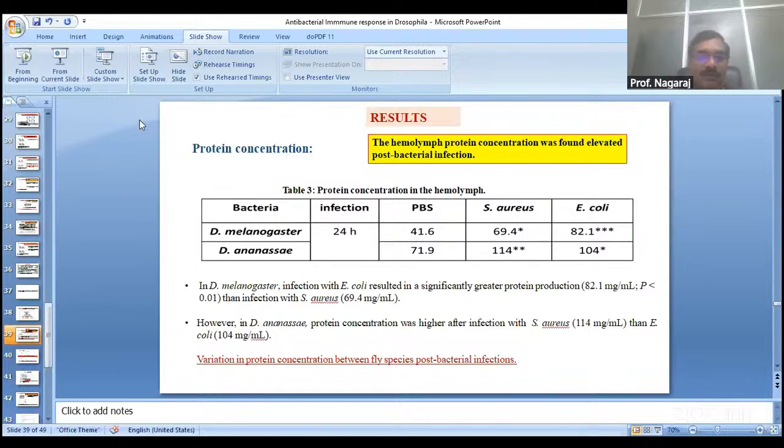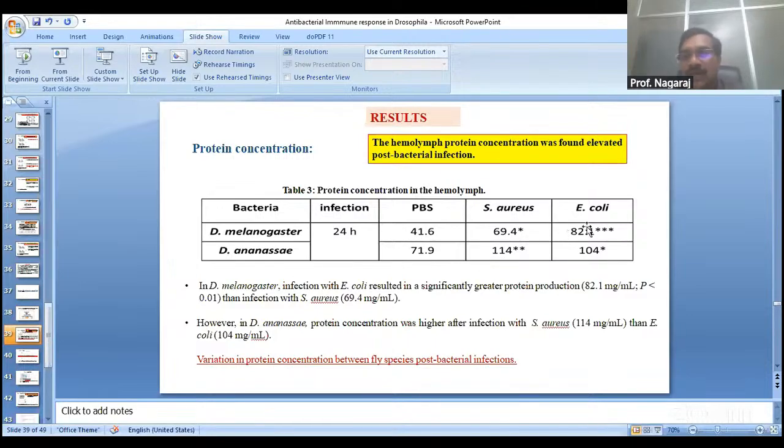Basically, we quantified the protein concentration at different time points, at the 24 hours. For example, melanogaster produced 69.4 as the amount of protein concentration against SRES, whereas NNSA is 114. So a higher level of total protein was produced against this bacterial infection. We just wanted to know whether there is a difference in the protein concentration or not.